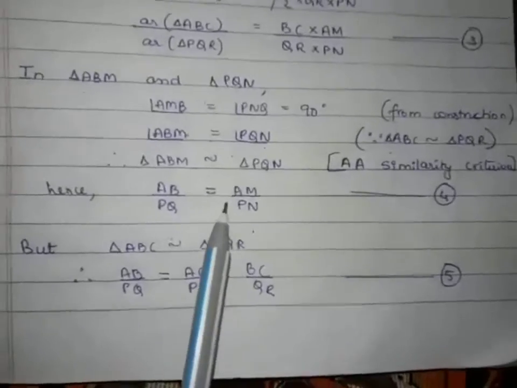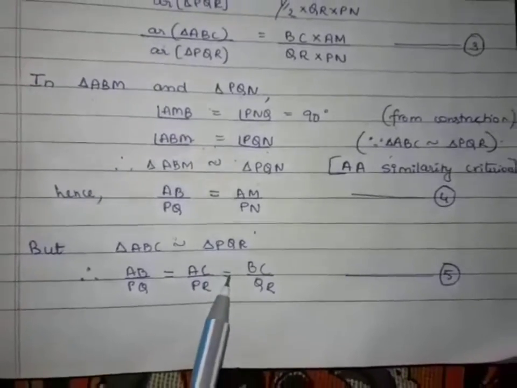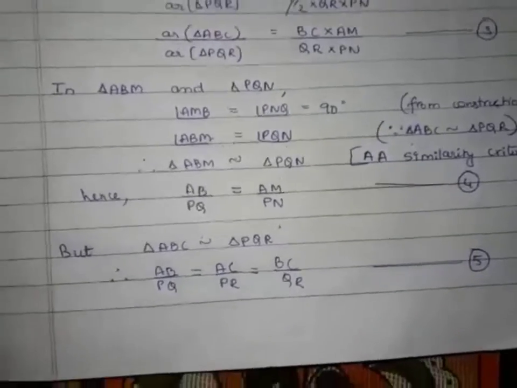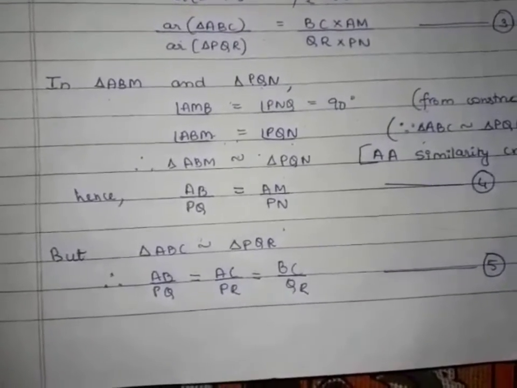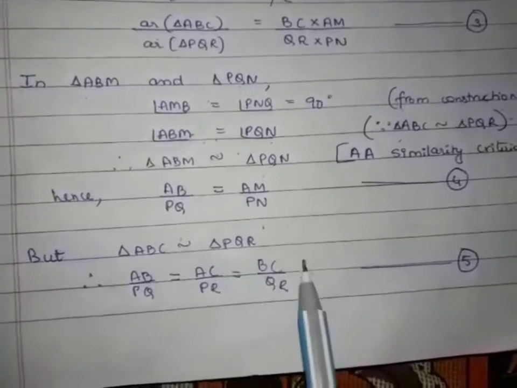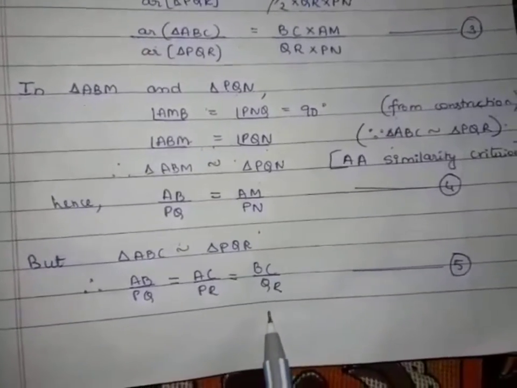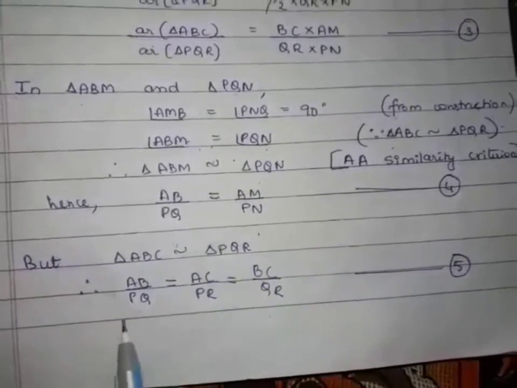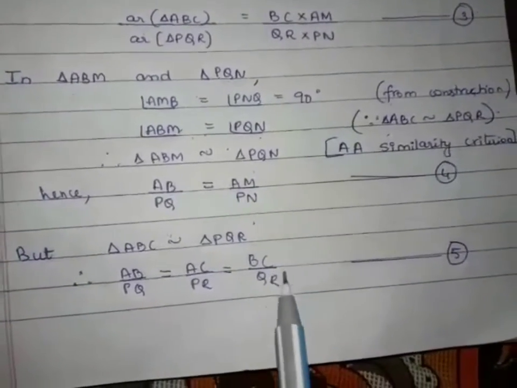Okay, now here in equation 4 and here in equation 5. See, in equation 4 we have written that AB by PQ is equal to AM by PN, right? And here we have written AB by PQ is equal to BC by QR. So what can we tell? AB by PQ is equal to AM by PN, and AB by PQ is equal to BC by QR.